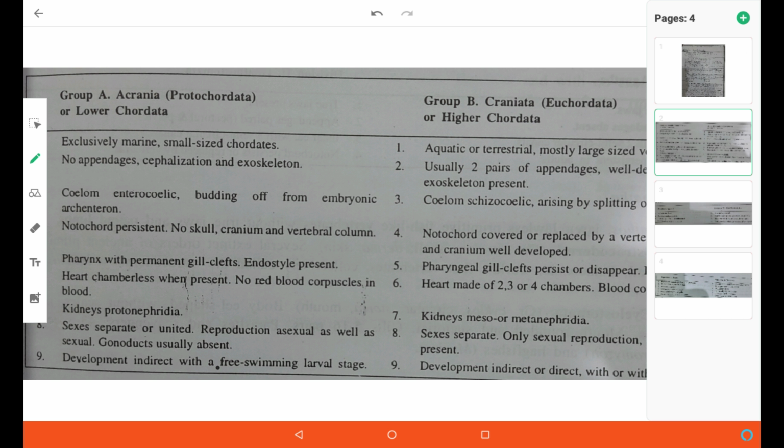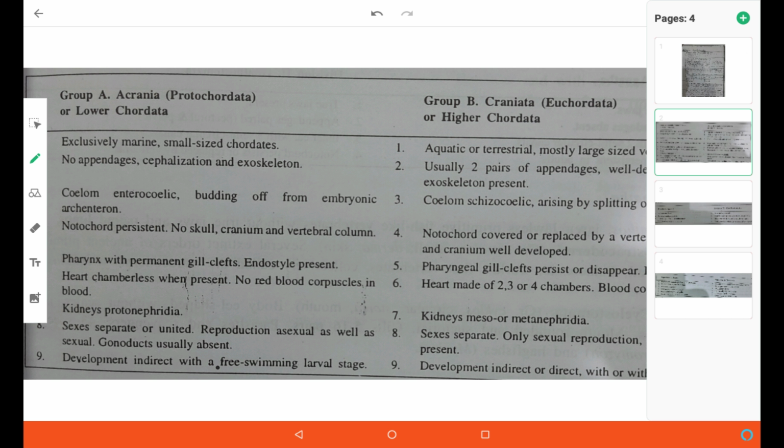Heart was chamberless in protochordates. No RBCs were sighted. However, heart is very advanced in mammals with 4 chambers, and in other classes, they have 2, 3 or 4 chambers. Blood corpuscles have hemoglobin in them for the efficient carrying of oxygen.